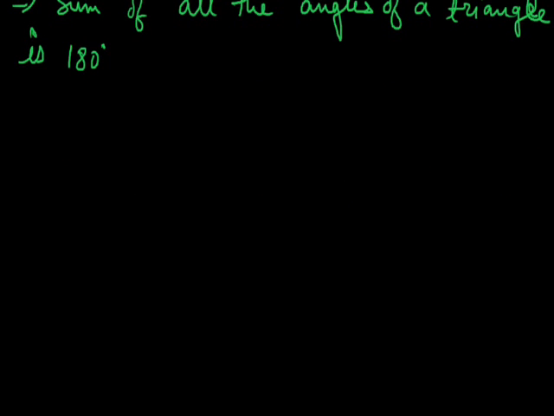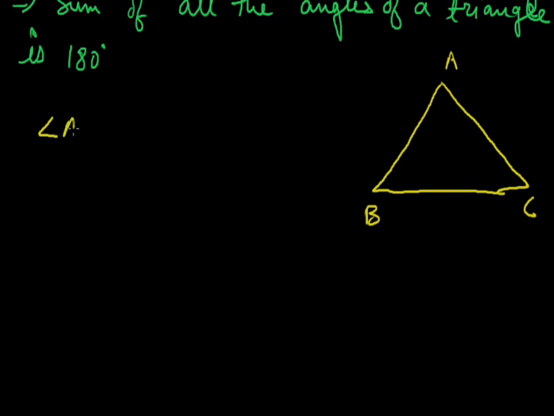That is, if we have a triangle ABC, then the sum of all the three angles of the triangle, that is angle A plus angle B plus angle C, will be equal to 180 degree. Let us prove this. First of all, let me number these angles so that it becomes easy in calculation.